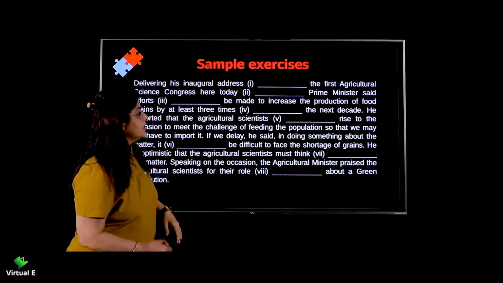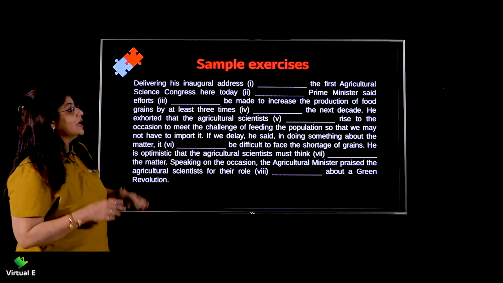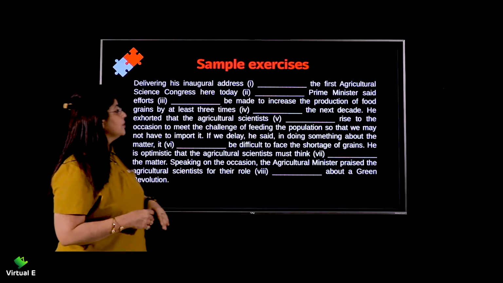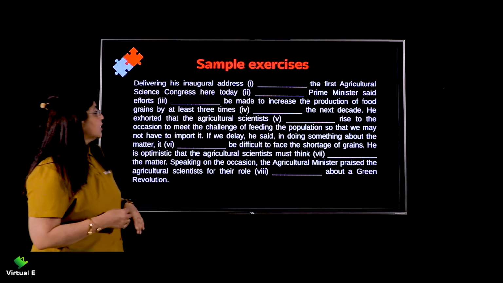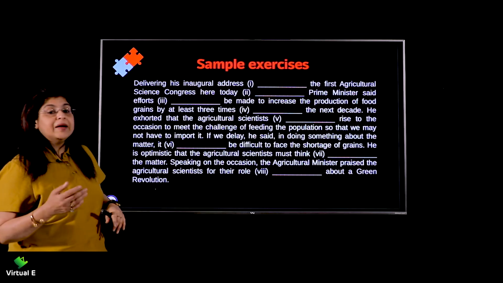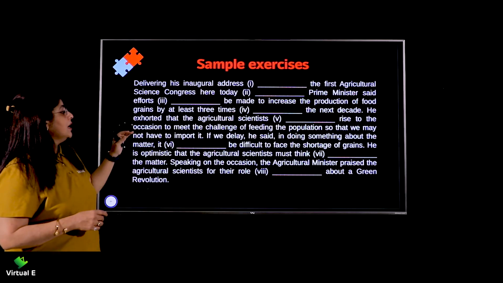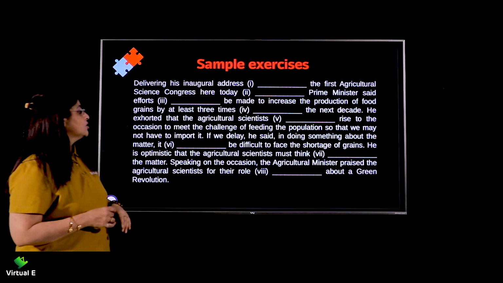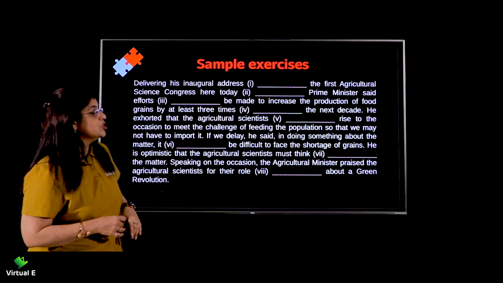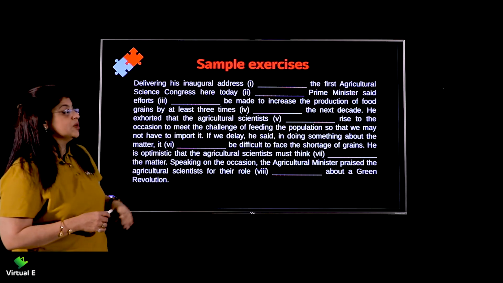Delivering his inaugural address at the first Agricultural Science Congress here today, the Prime Minister said efforts must be made to increase the production of food grains by at least 3 times in the next decade. He exhorted that the agricultural scientists should rise to the occasion to meet the challenge of feeding the population so that we may not have to import it.